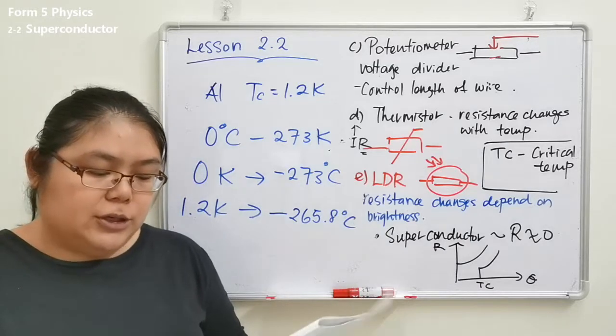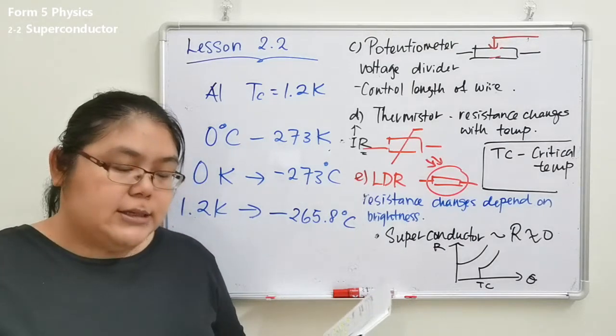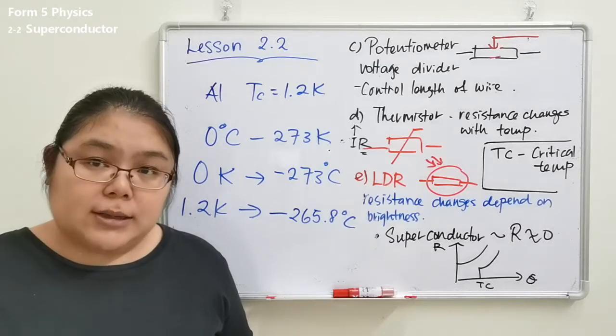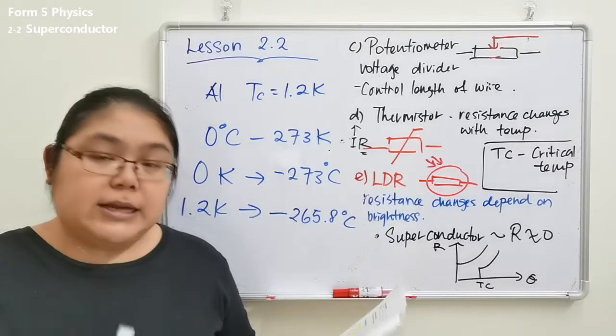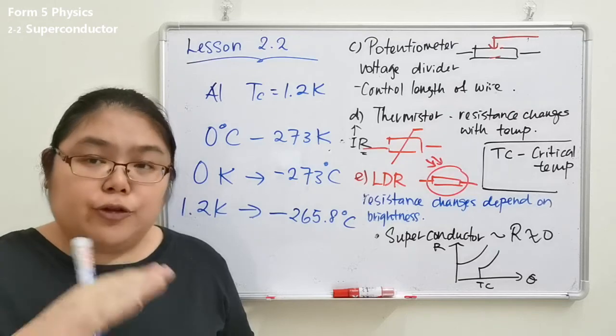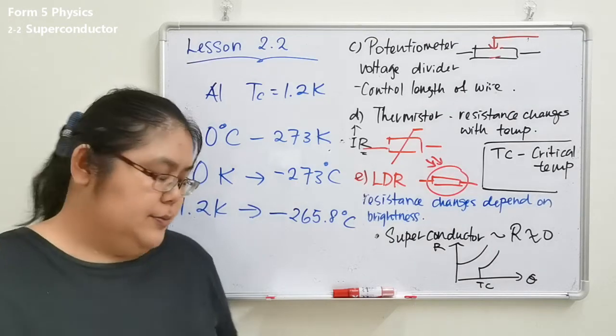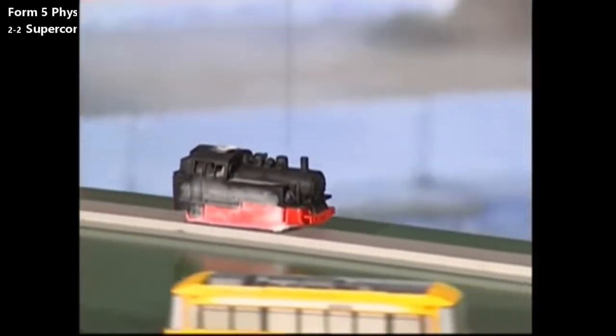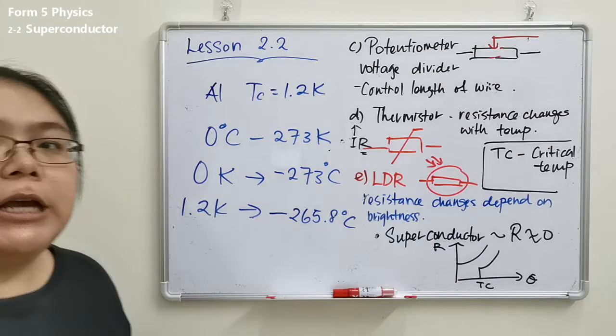Okay, so from here I can show you a little bit. That one is a video clip about the superconductor. You can see what happened to the train. The train can be moved. Okay, finished.